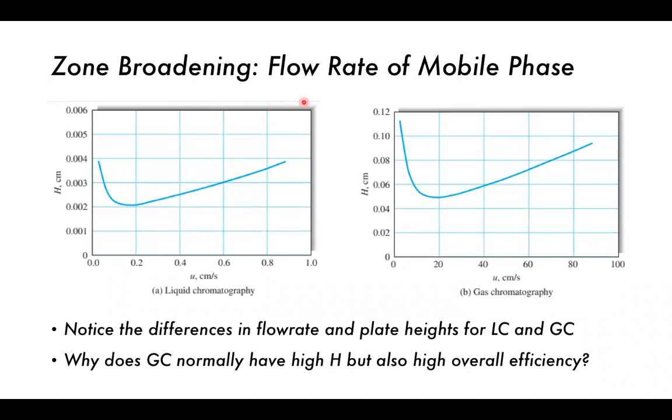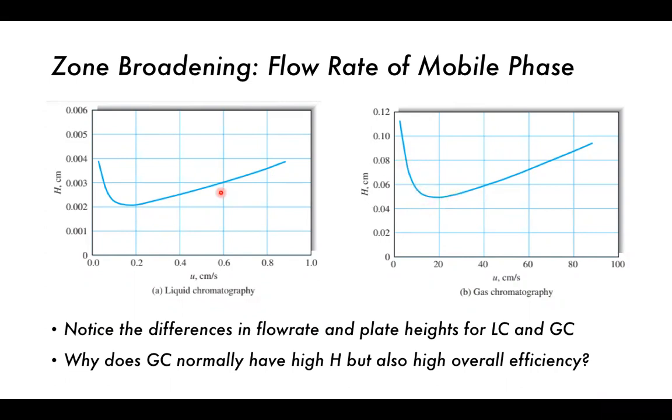So here we have zone broadening, where we have a flow rate of the mobile phase in both liquid and gas chromatography. We see a similar shape here, where at low flow rates we have maxima in the efficiency, that would be where H is the smallest.